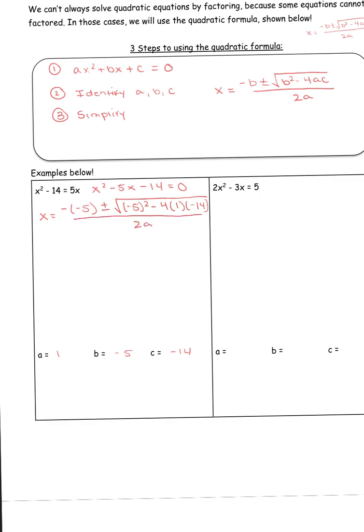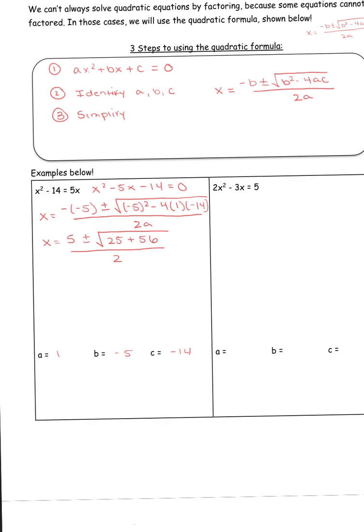All right, now we're just going to go through and simplify. I have x is equal to, a negative times a negative is a positive, which makes that a positive 5, plus or minus the square root of negative 5 squared. So we have 25, and then we have negative 4 times 1 times negative 14, which is going to give us a positive 56, and that's all going to be divided by 2.